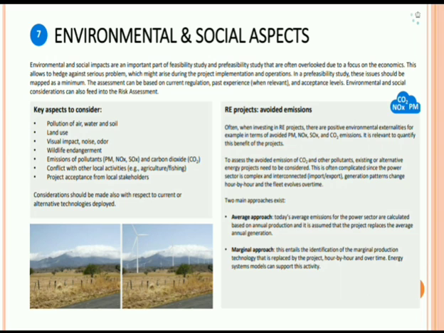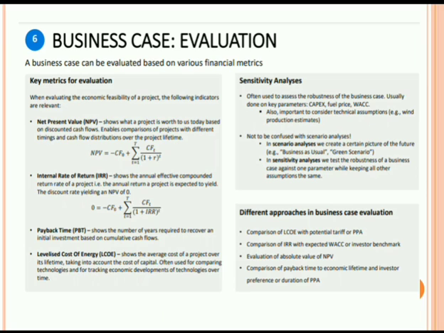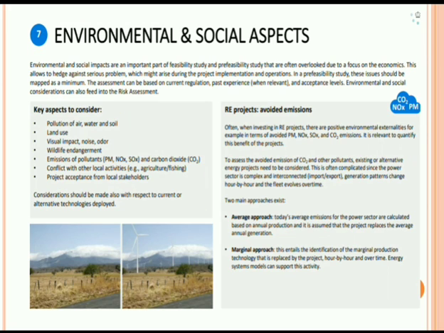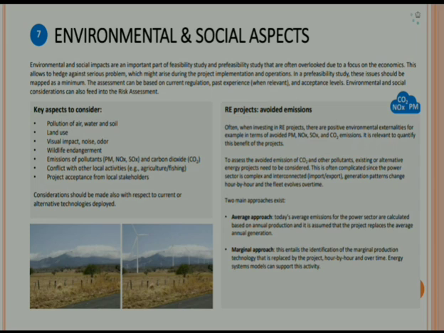The key aspects we have to consider for the environmental and social aspects are pollution of the air, water, and soil, land use that we are using for the project. Then visual impact, noise, odor, wildlife, and project acceptance from local stakeholders.